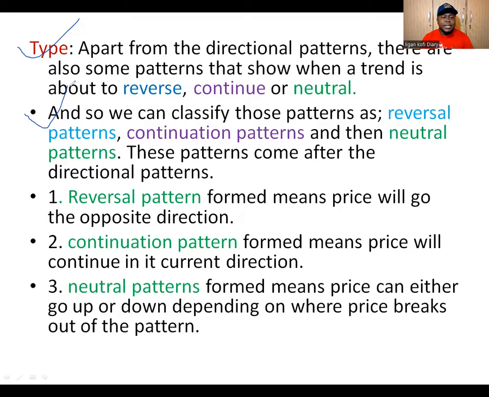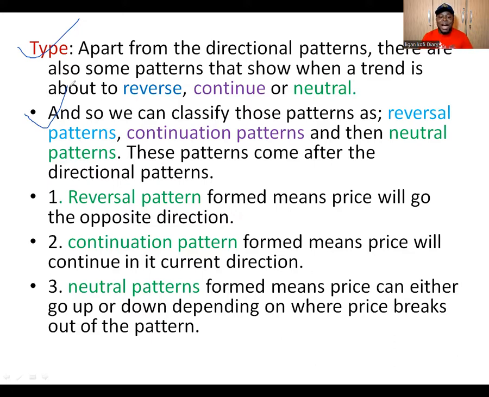Because before a type pattern like a reversal pattern will be formed, it means that there has been either a bullish direction or a bearish direction before we will get the reversal. Before we can get a continuation pattern, it means that there has been maybe a bullish trend already, which is a direction, before there is a continuation of that bullish trend. Or maybe there is a bearish trend before there is a continuation of that bearish trend.